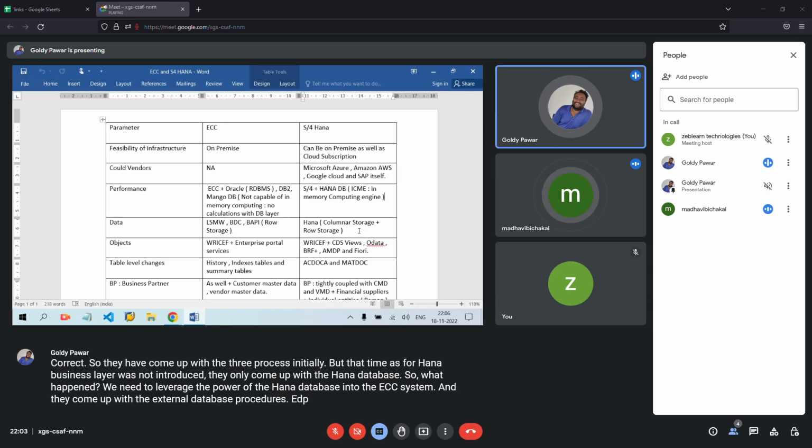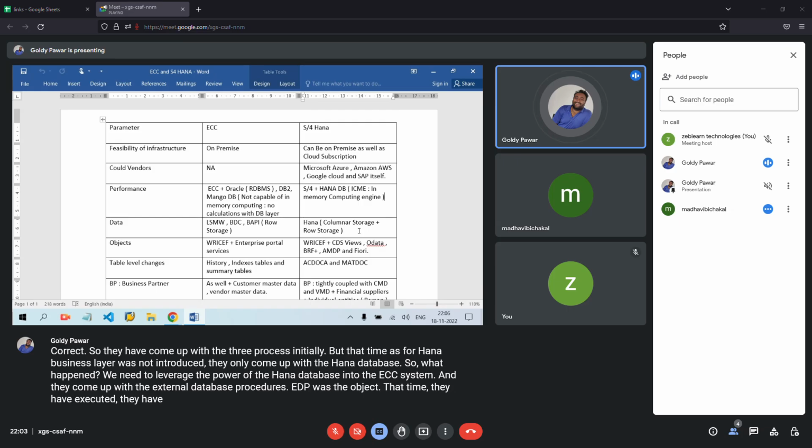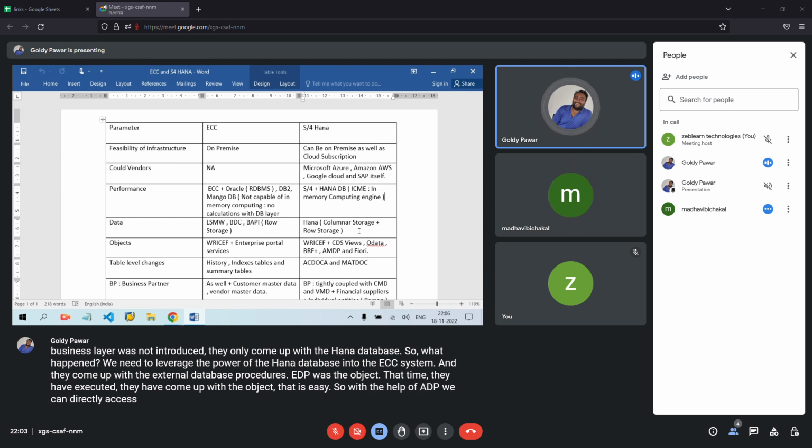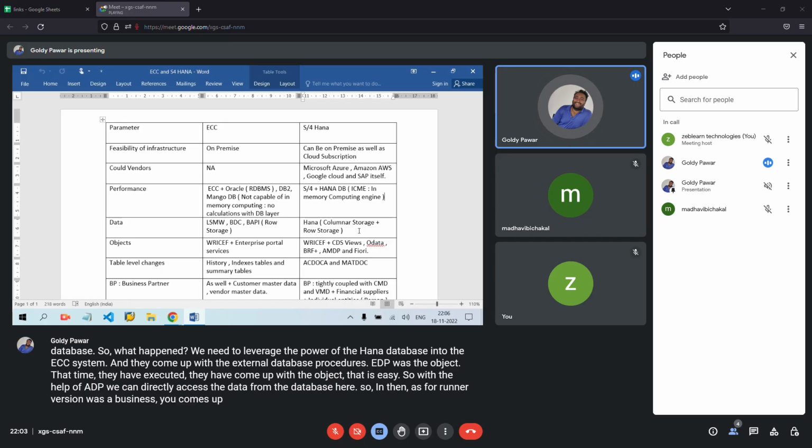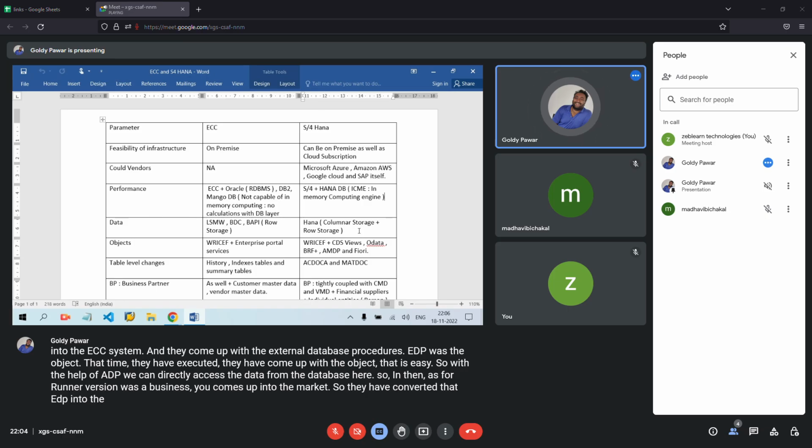With the help of EDP, we can directly extract the data from the database layer. Then the S/4HANA version, the business suite, came into the market. They converted that EDP into AMDPs and connected it with the ABAP team, made it available for the ABAP team as well.